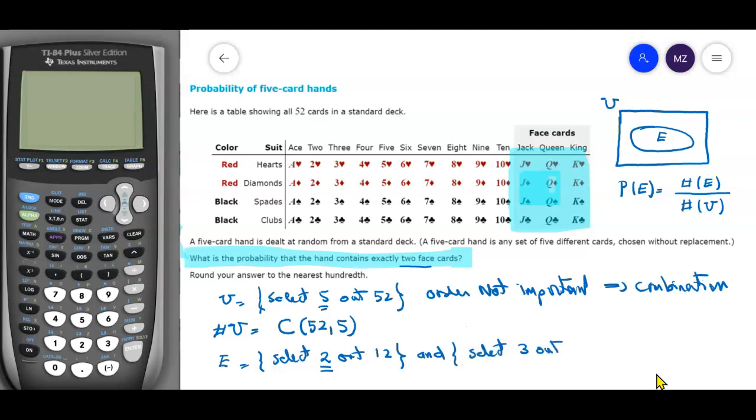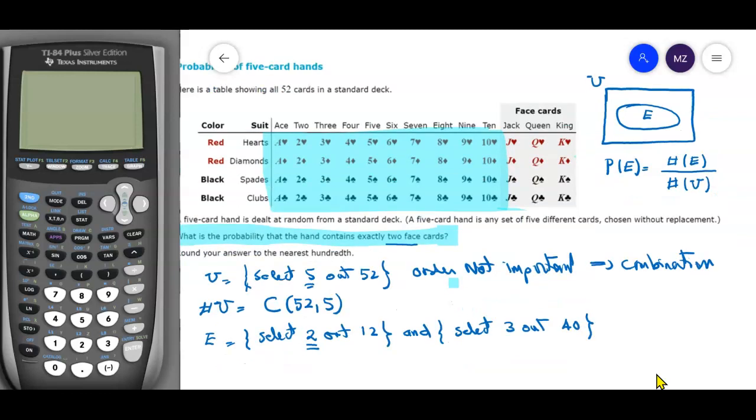You go and select 3 more cards. However, right now we're going to select only from the remaining cards. You can figure out 52 minus 12, that's going to give you 40, or 10 times 4, which is 40. So you're going to select 3 out of 40 cards, and again the order is not important, which means a combination.